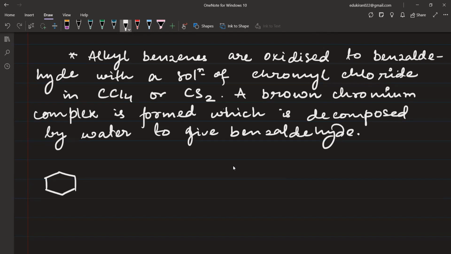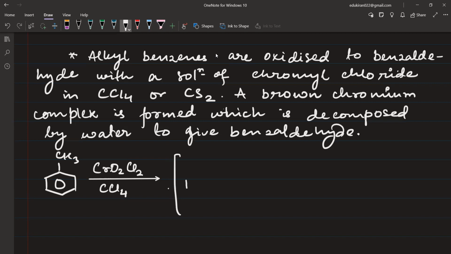If you have CH3 here, this is methyl benzene. In the first step, I will have chromyl chloride in the presence of a non-polar solvent. The formula of chromyl chloride is CrO2Cl2, in the presence of CCl4 or CS2. Then we are going to get a chromium complex.